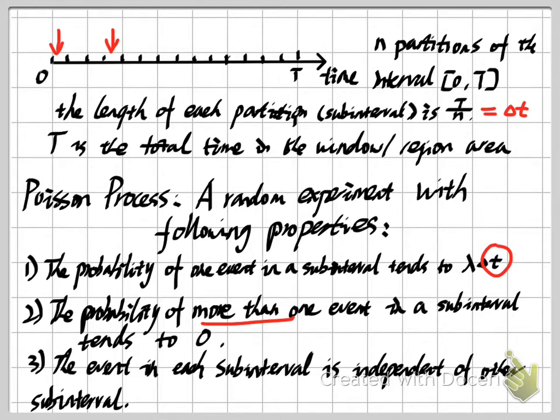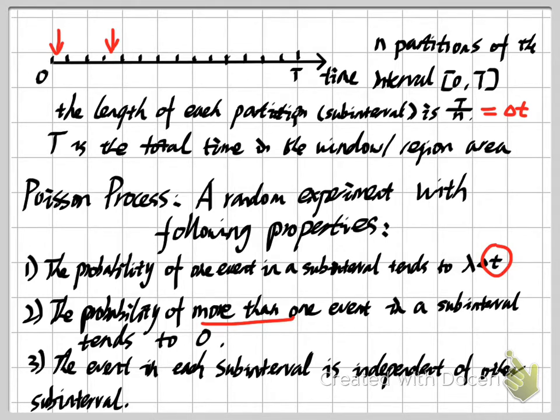However, if this is not correct, it may not hold. But this also depends on the subinterval. If we divide the subinterval into 1 minute, then we can say yes, in every 1 minute there is only one earthquake in one city. If we think about this, then we can consider earthquakes happening in a period of 10 years in one city.